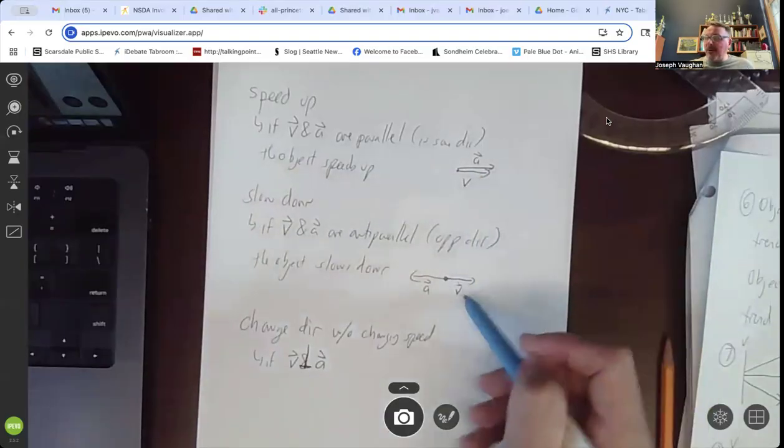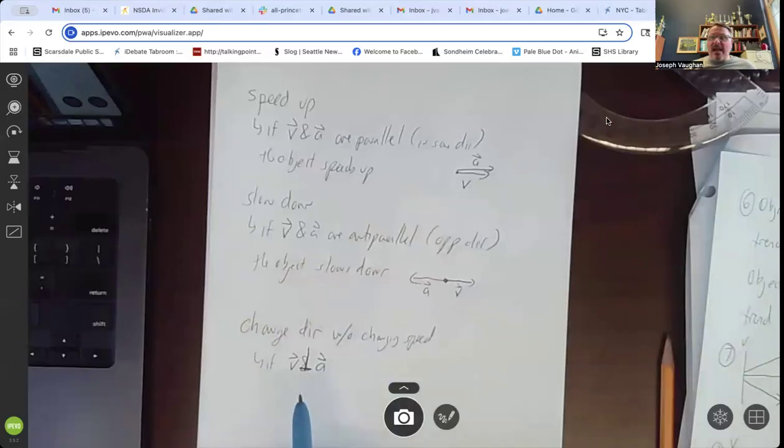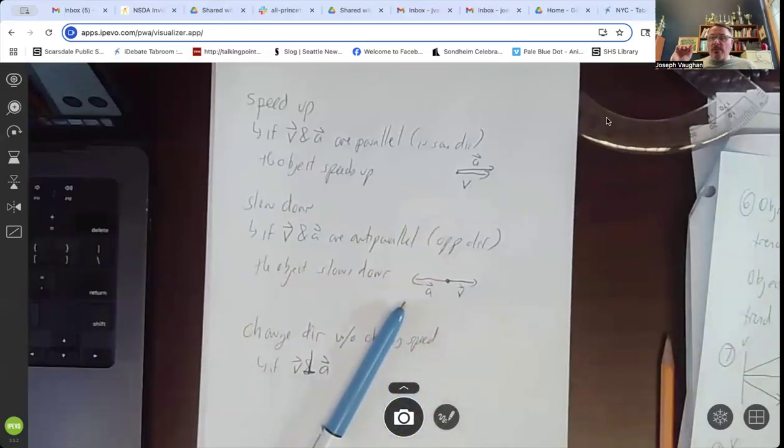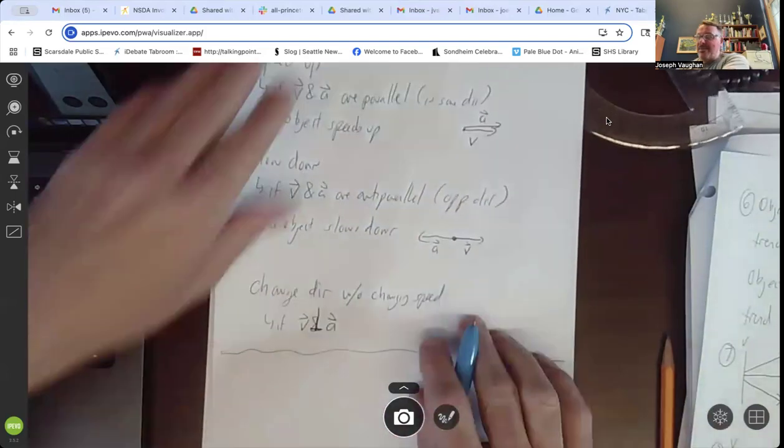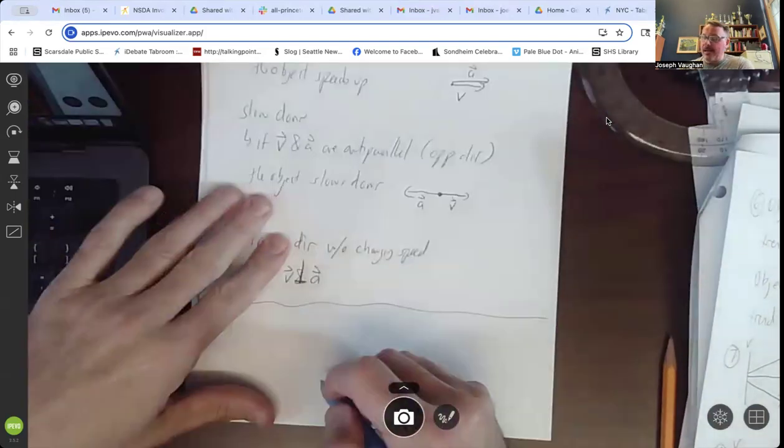Parallel, anti-parallel, perpendicular. And if you think about that, if you throw a piece of chalk to the right in the air, gravity is pulling down, and you can see that it goes in a curved path. Because remember, when we say change direction, we mean curved path. And if you really understand the concept, you can get this, which is how we ended class.